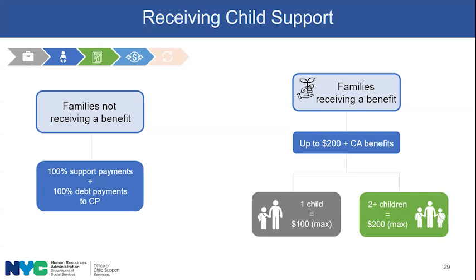So the pass-through, as we said earlier, if the family, and particularly the children in the family, are not receiving a benefit, then 100% of support payments and 100% of any debt payments go directly to the custodial parent.